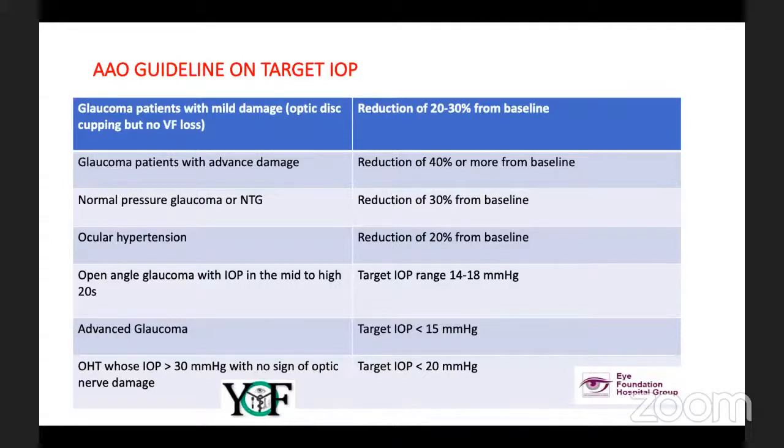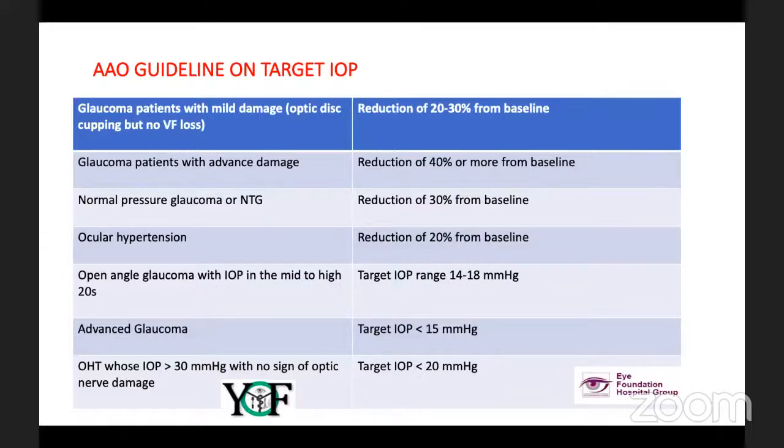Normal pressure glaucoma, or normal tension glaucoma, will have a reduction of 30% from baseline. Ocular hypertension, the target pressure will be reducing 20% from baseline.